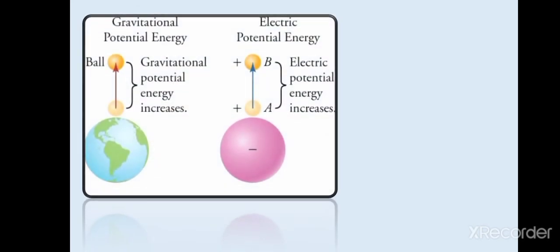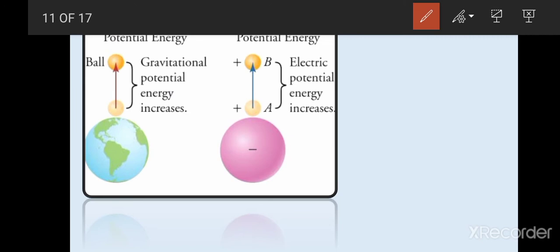Here you can compare the gravitational potential with electric potential. I hope you remember that if we take any object at a height from the surface of the earth, its potential energy increases because we know that the potential energy has the formula mgh.